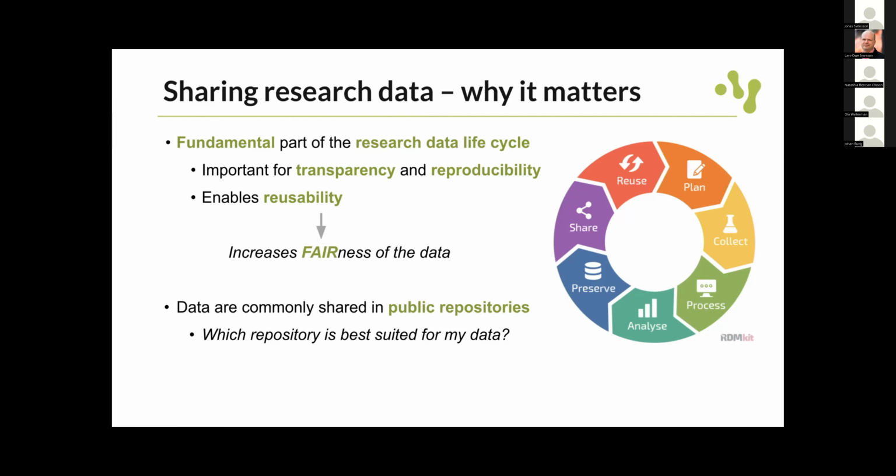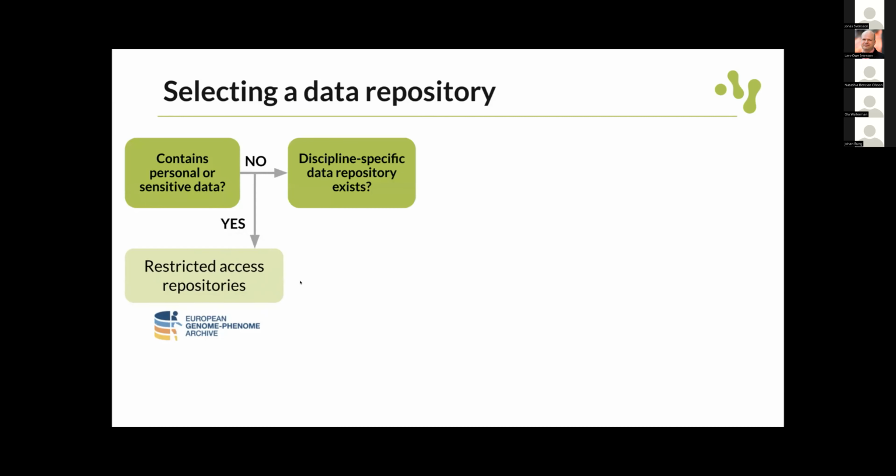Commonly, researchers share data through public repositories, and an often asked question is, how do you choose the repository that best suits my data? So the first question is perhaps whether the data contains sensitive information. And if this is the case, then data should be deposited in specific repositories that restrict the access.